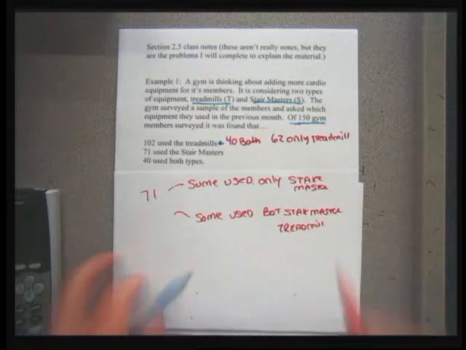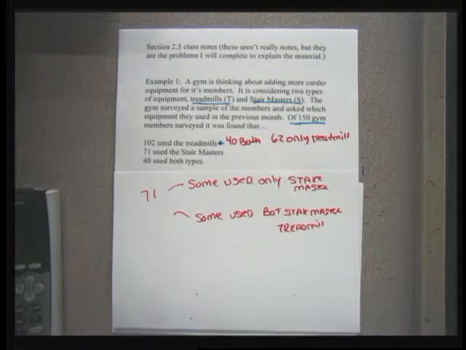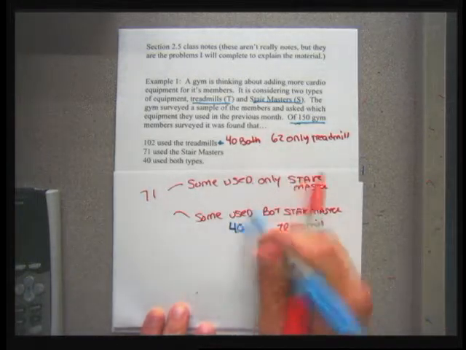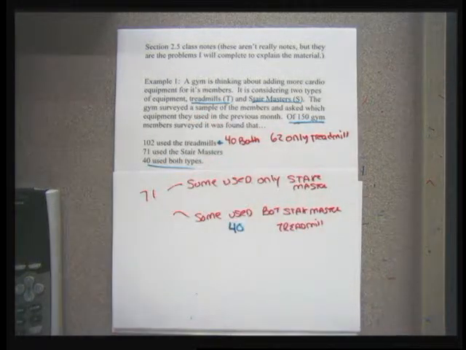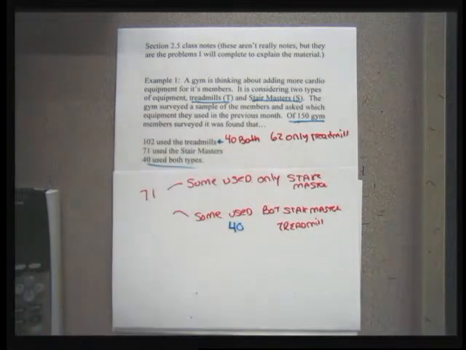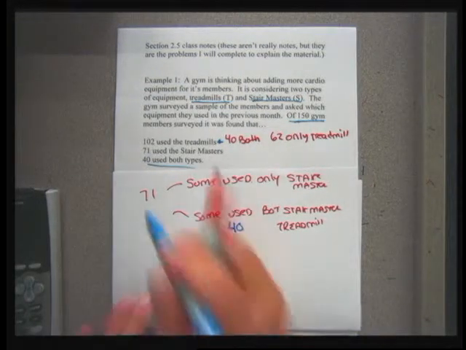And again, just like the treadmill, the author's given us one of the pieces that I need. The author told me very specifically that 40 used both machines. So of these 71 people that use the Stairmaster, I'm supposed to separate them. The author doesn't tell me how many used just the Stairmaster. I have to figure that out by subtracting.